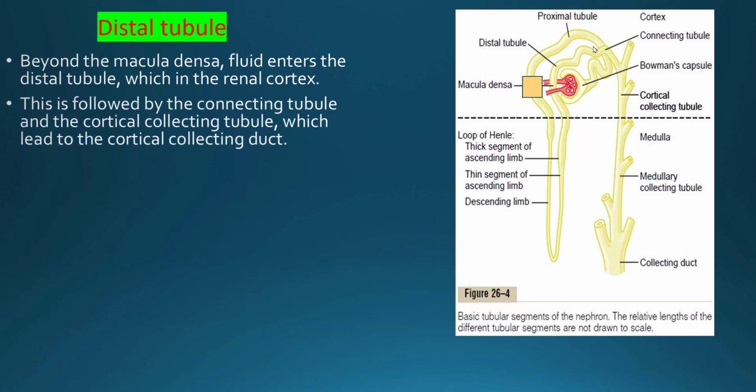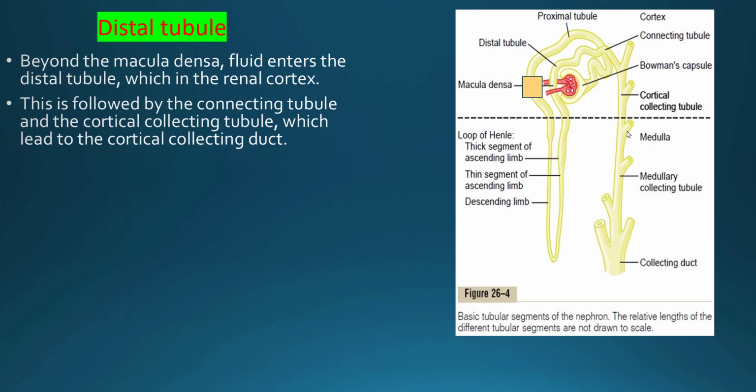This is the macula densa, and beyond this area are the distal convoluted tubules. This is followed by connecting tubules and the cortical collecting tubule, which lead to the cortical collecting duct.